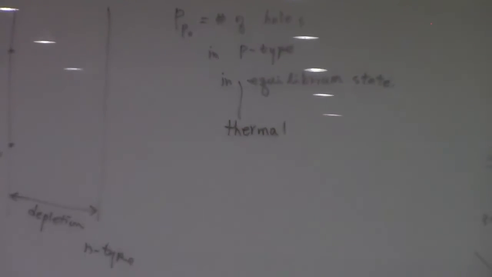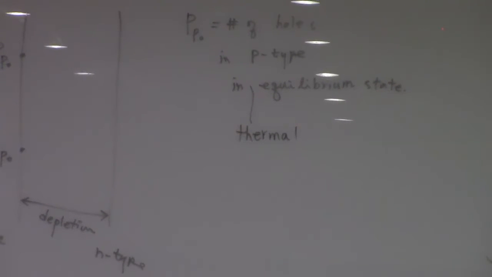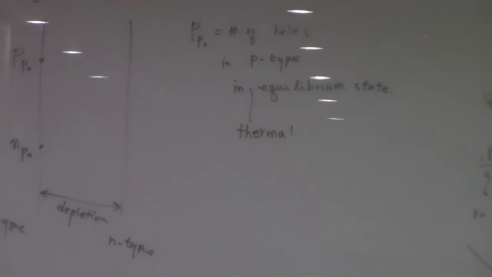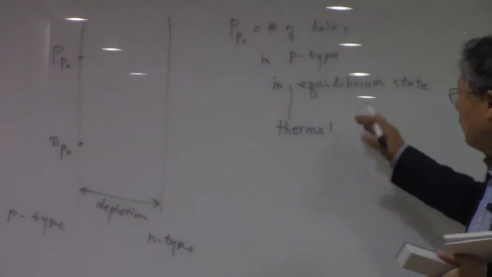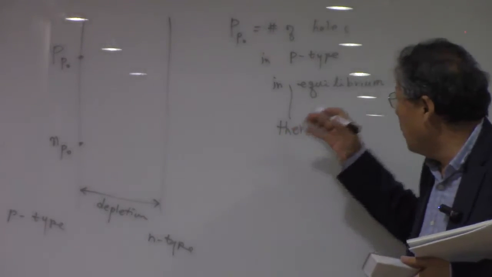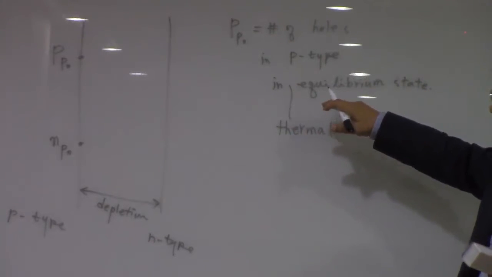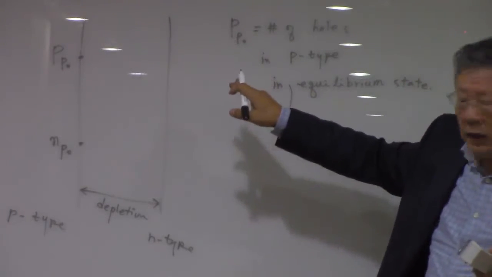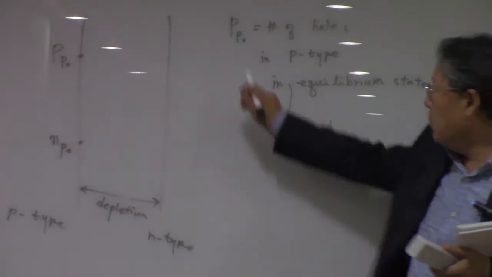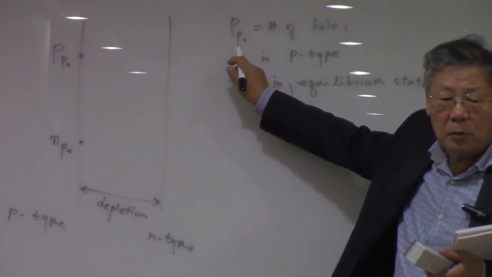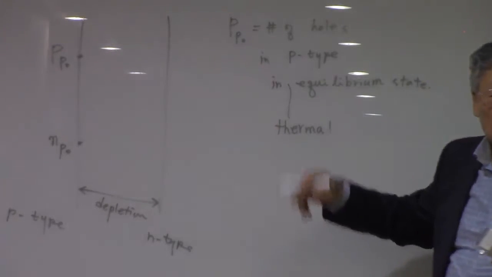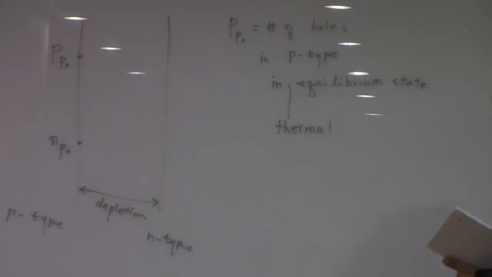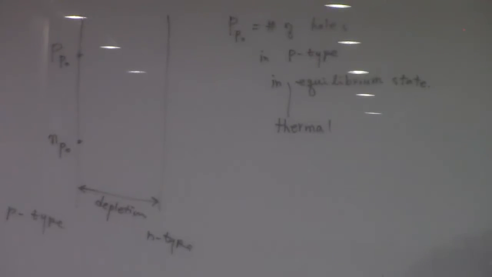Okay, we do not apply any voltages to the junctions, or we do not shine light on the semiconductors. In the dark, we just measure the number of holes, and that is going to be called P naught. Okay, naught means in equilibrium, and the small subscript P means the P-type region, and the big letter P is the substance that we are talking about.